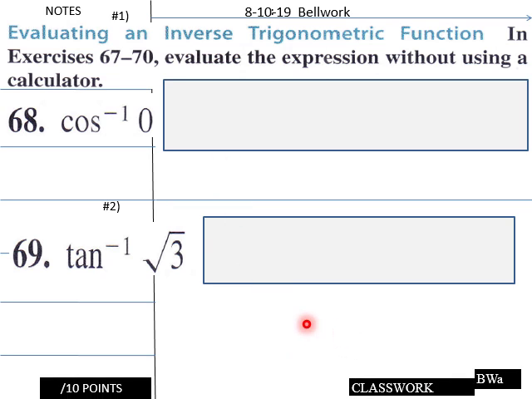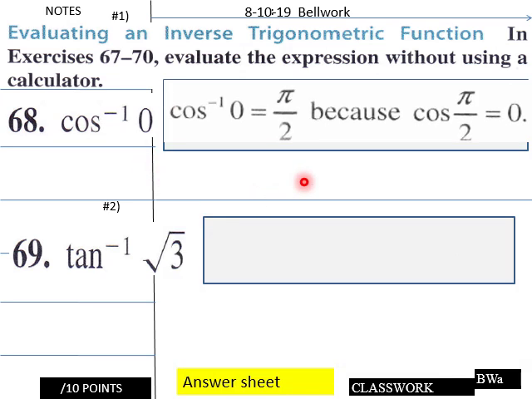Okay, back for our solutions for today's bell work, teachers and students. For number 68, the inverse cosine of 0 equals pi over 2, because the cosine of pi over 2 equals 0.